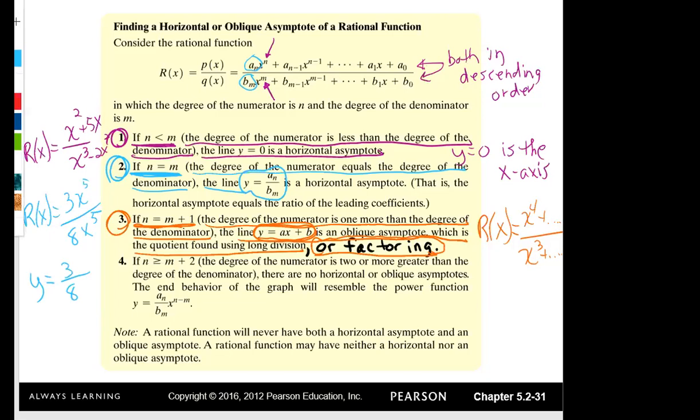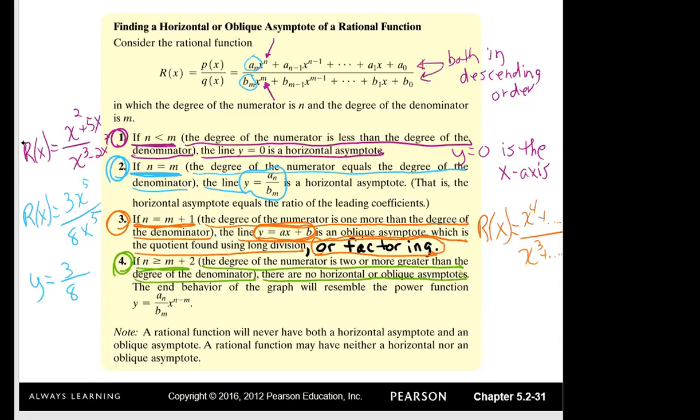Which brings me to number 4, which says if n is m plus 2 or more, because it says greater than or equal to, if the degree of the numerator is 2 or more greater than the degree of the denominator, then you will have no horizontal or oblique asymptotes.